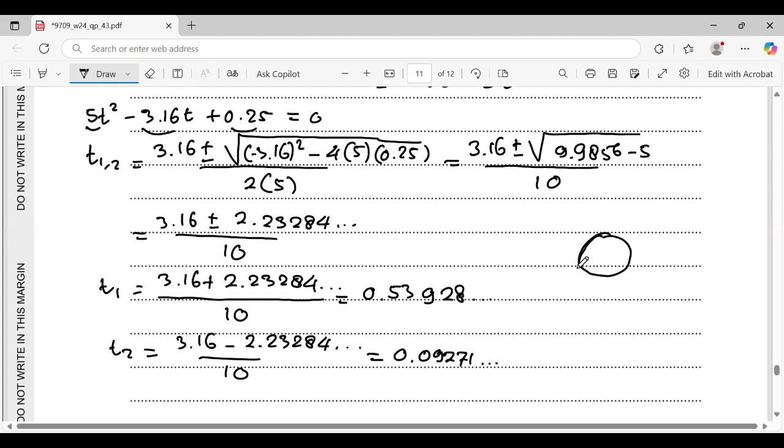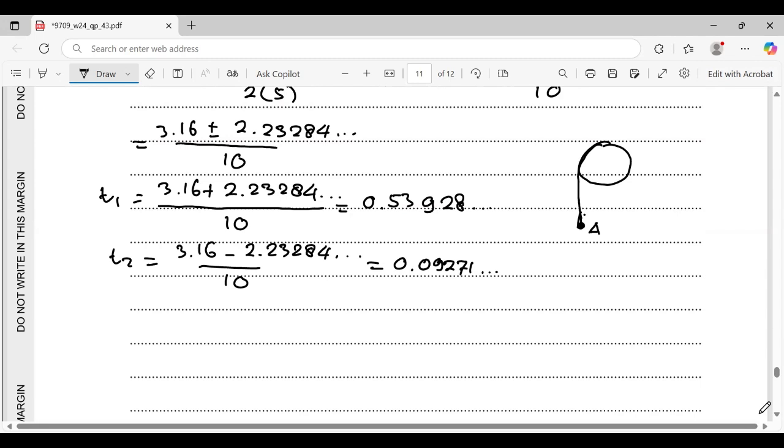Now, I will show you the time. This is the position of particle A from the ground, and this is B. When particle A goes upwards from the initial position, it will be here the first time when t equals 0.09271.